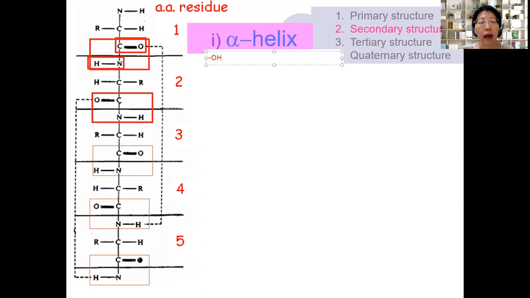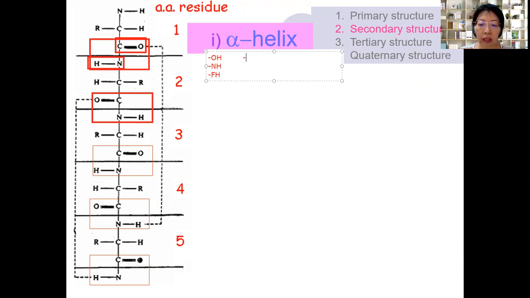It can be hydrogen bond formed between the electronegative O and H, OH, NH, FH, remember? FH. And of course, there's one more, which is actually C double bond O.